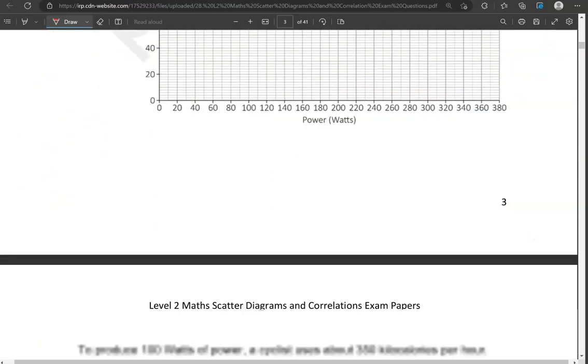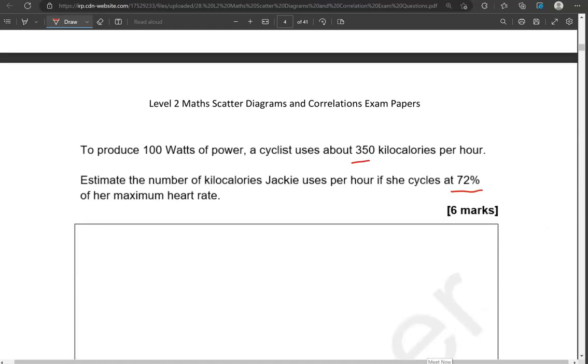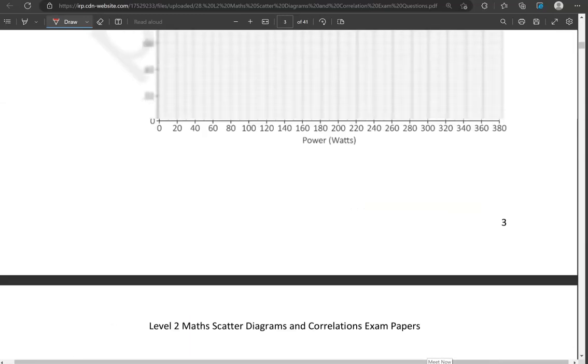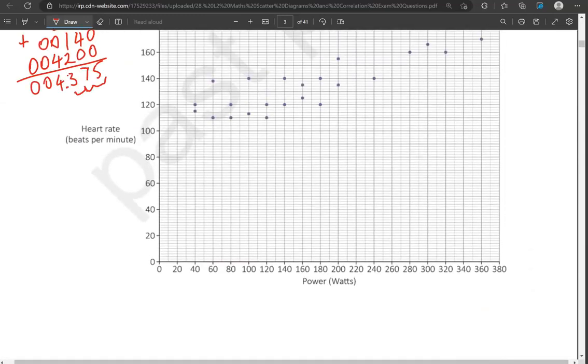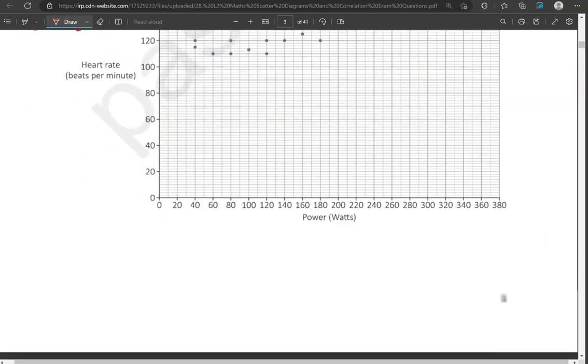We now can work out 72% of her maximum heart rate. So we're working out 72% of 187.125.